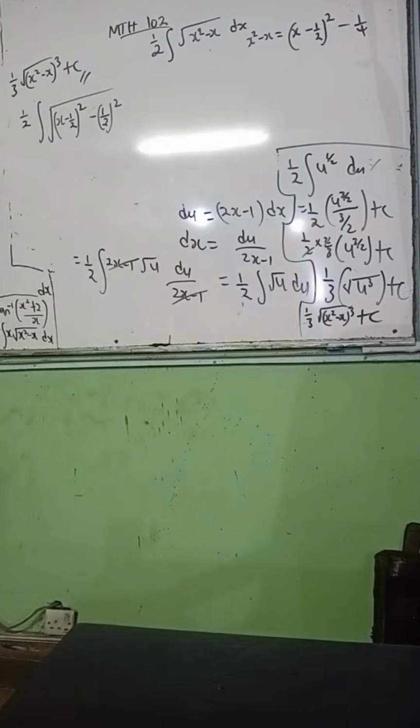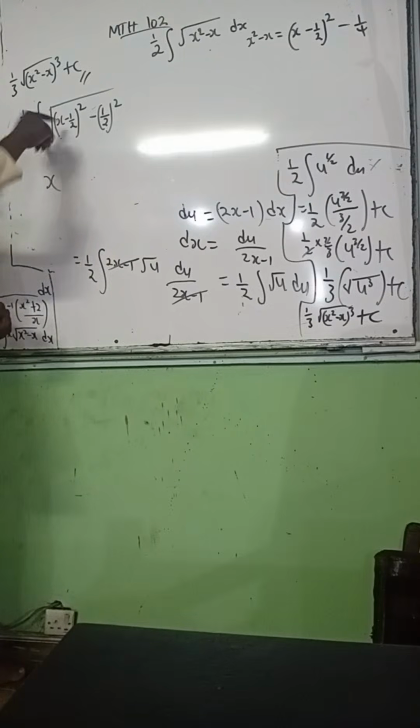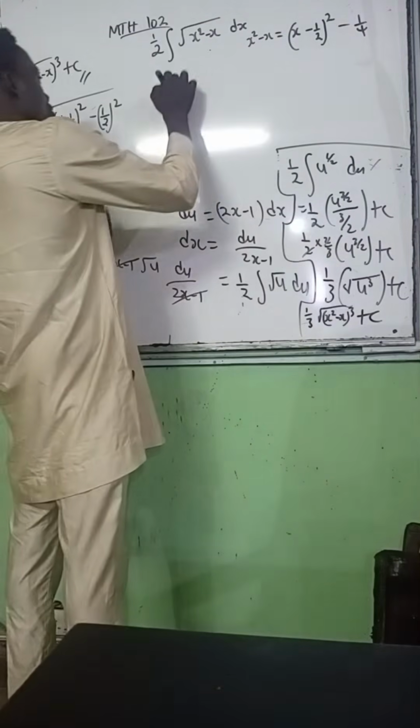The minus should not be inside. If the minus is inside, it will turn plus. So let the minus be outside. Now, note, you cannot just say this is a square and apply that standard. You need to do substitution first. That standard is when you only have x here, but this is x minus 1 over 2. So before you apply that standard, you need to bring in substitution.